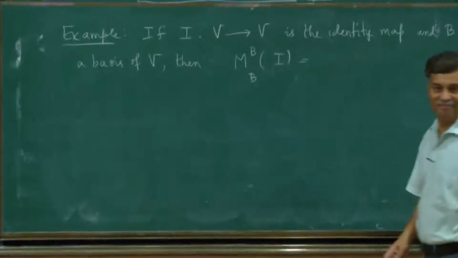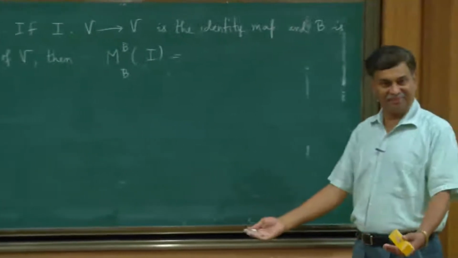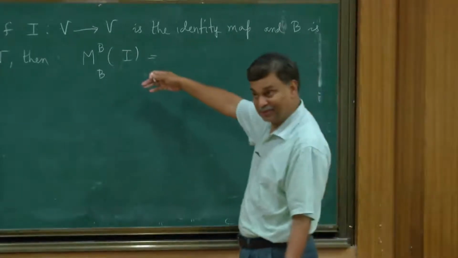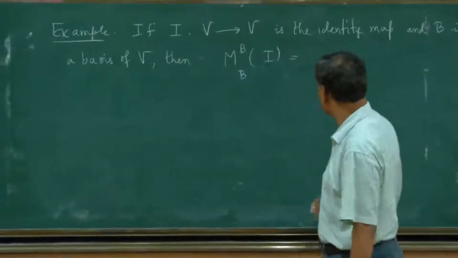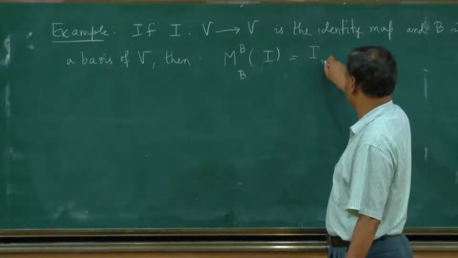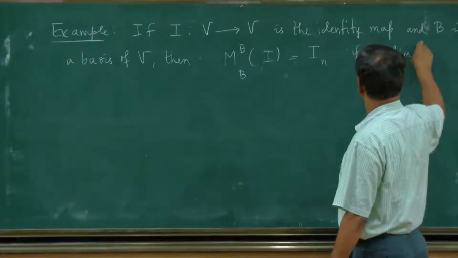I have to look at I of Vj, but I of Vj is Vj and I am taking the same basis, so it is like delta Ij, summation delta Ij Vj. In other words, it is the identity matrix, say In, if n is the dimension of V.